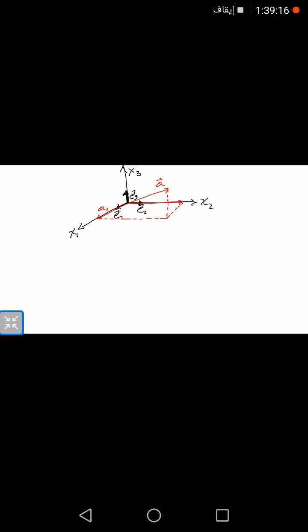In the second direction, we have A2 here. And then let's say that we have the third component here, A3.